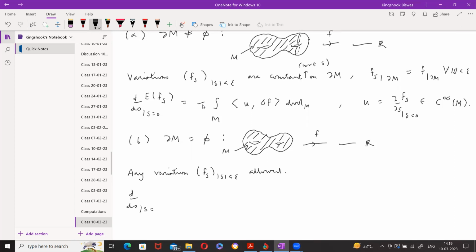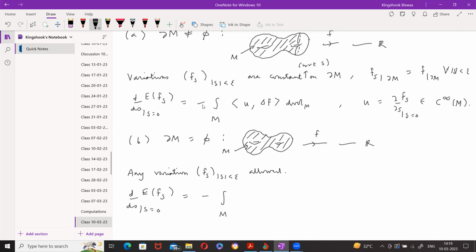Basically, the derivation of the formula for the first variation of energy is similar in all cases. You differentiate under the integral sign. Then you have to do an integration by parts. And from the integration by parts, you'll get some boundary term. That boundary term vanishes because of the variations that we're looking at.